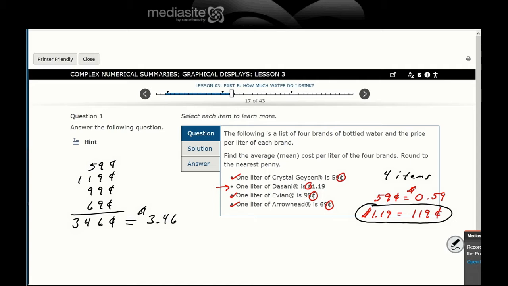So let's take 346, divide that by 4, and what do you get? That gives us 86.5 cents, and we'll round that to 87 cents.